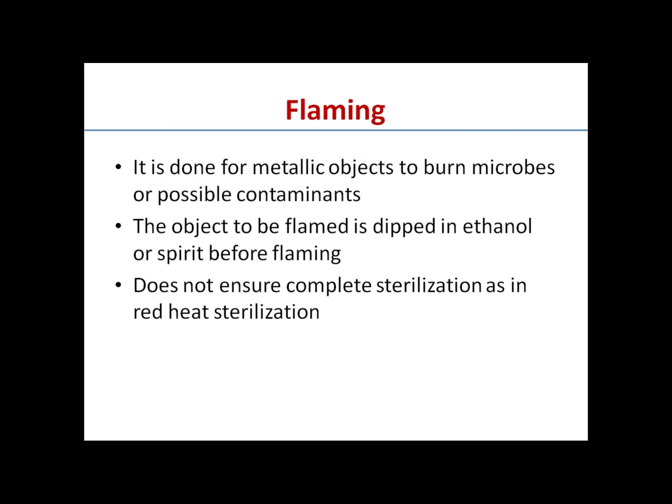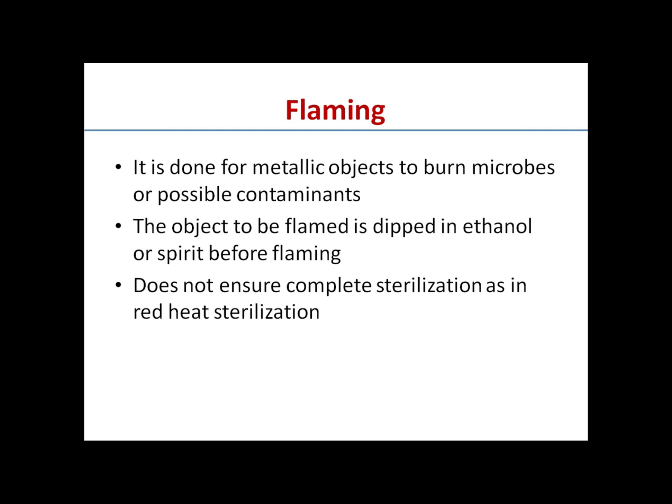Then flaming. It is done for metallic objects to burn microbes or possible contaminants on the objects. Here, the object that is to be flamed is dipped in ethanol or spirit before flaming. It does not ensure a complete sterilization as in the case of red heat sterilization.